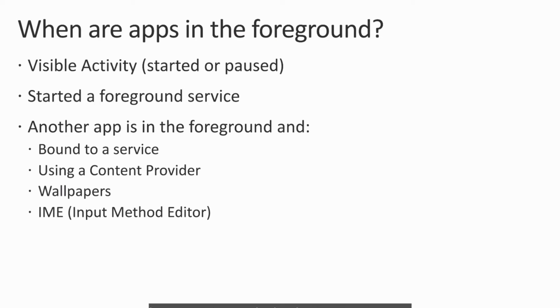And here are some general rules that you can count on when thinking about, am I in the foreground? So if your app is visible, it has some visible activity, whether it's started or paused, your app is in the foreground. Okay, so that one's simple and makes sense. The next one is if your app has started a foreground service. Now, a foreground service is a service which has been elevated to a foreground state.